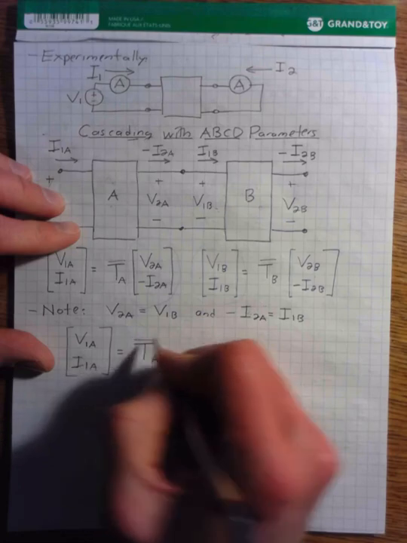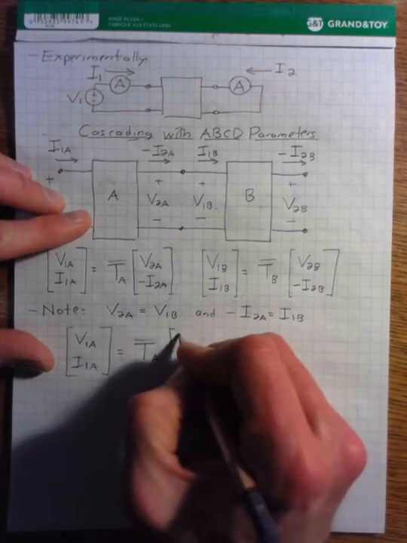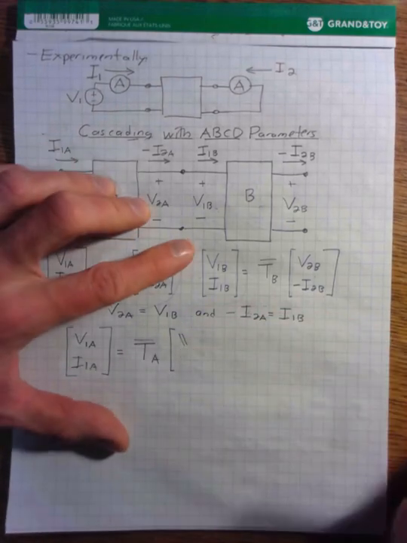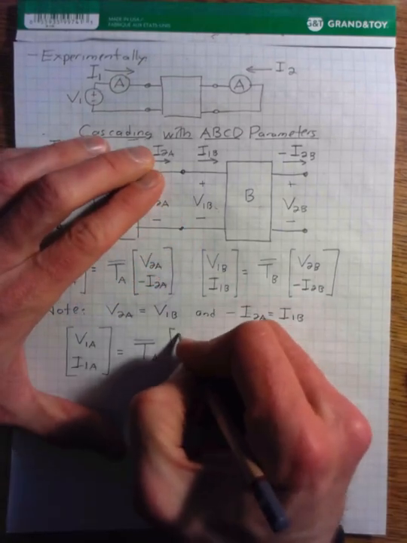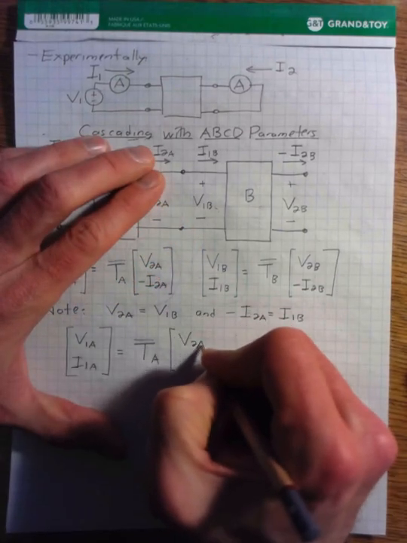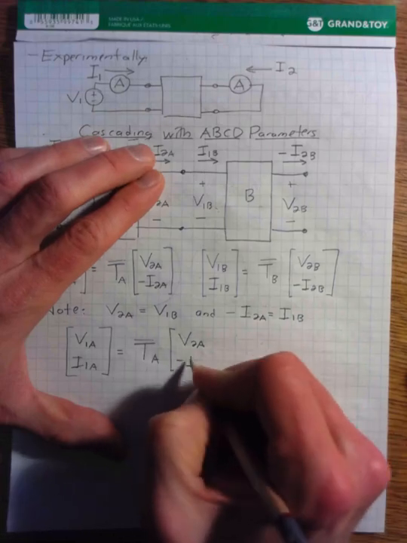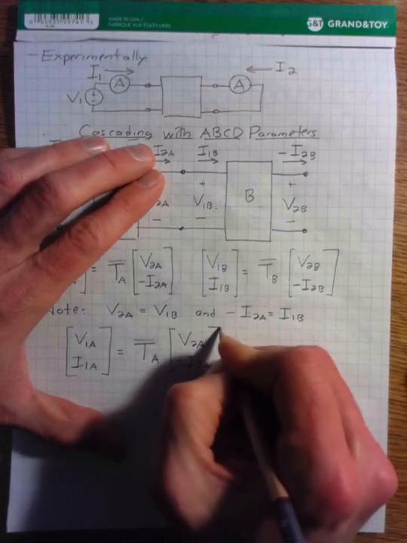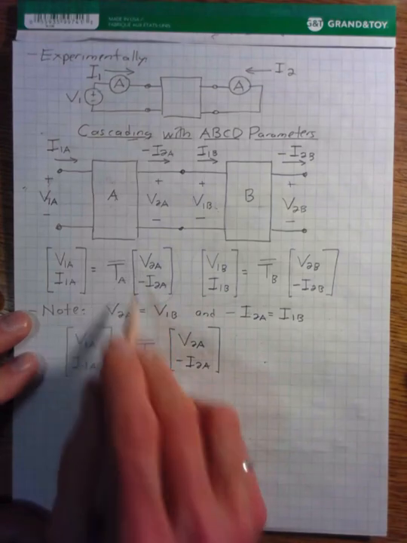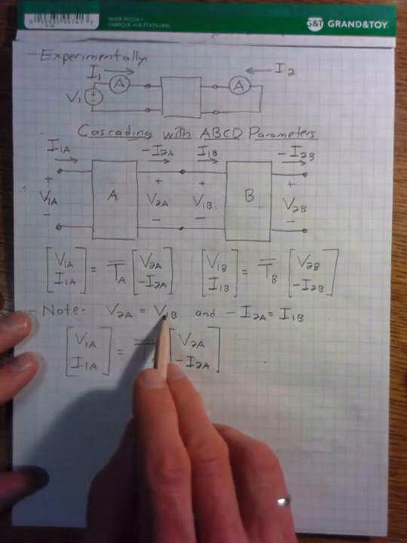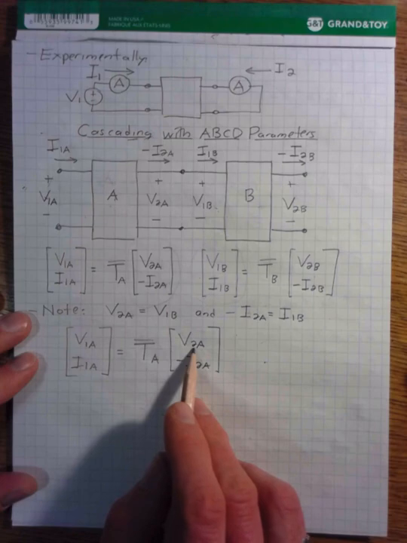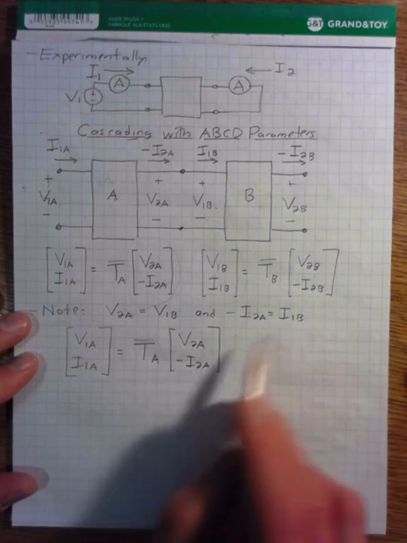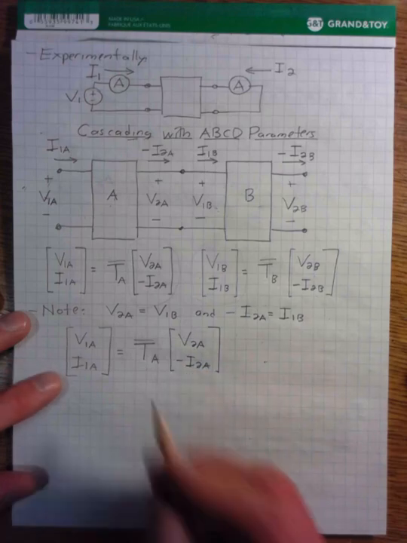TA times V2A times minus I2A. Right? So that's just the equation up here. But we can substitute in V1B for V2A and I1B for minus I2A.